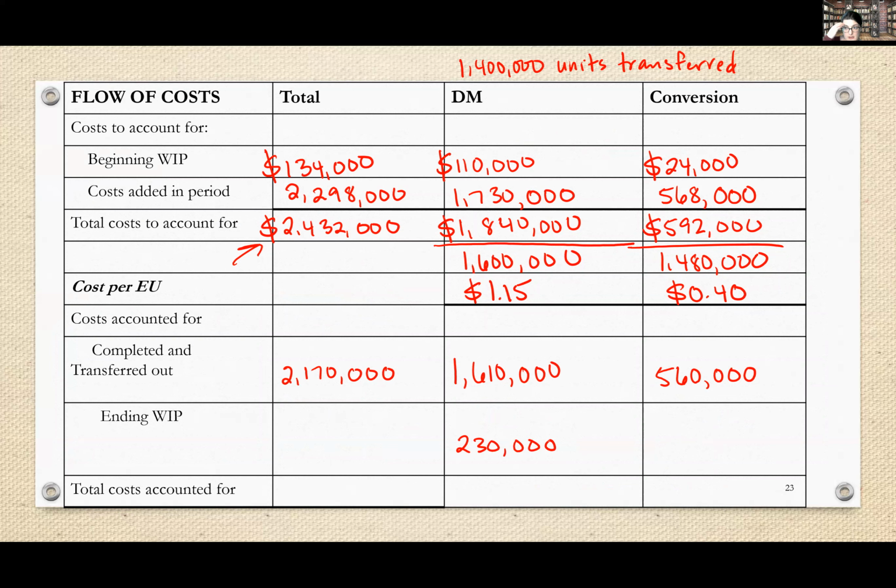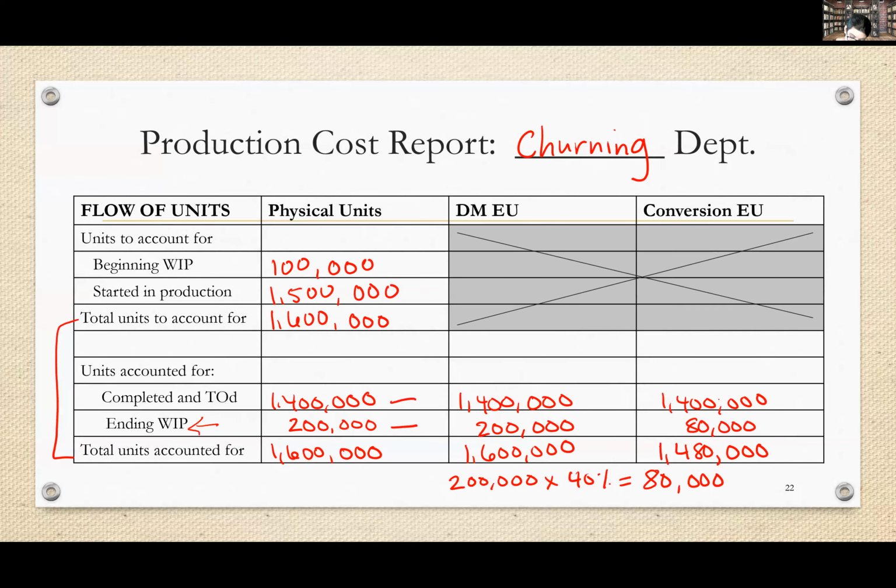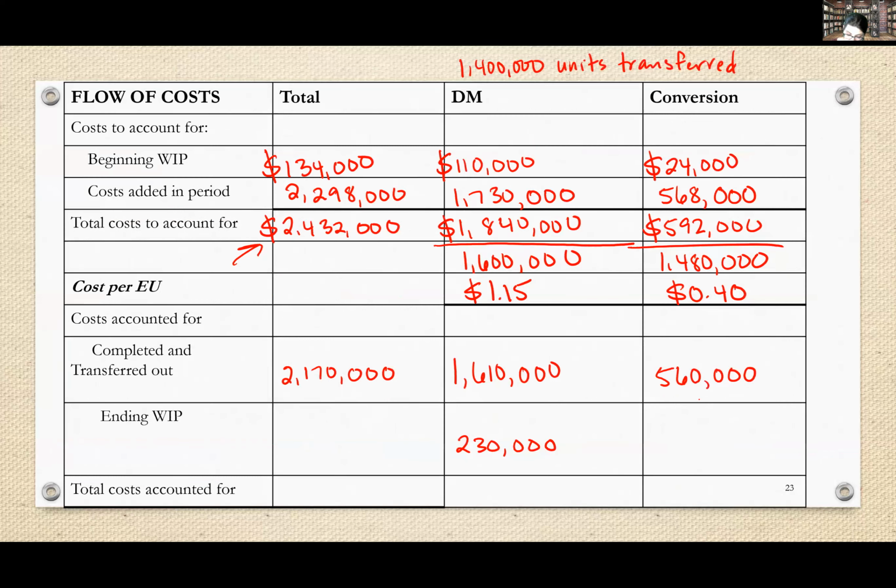Now I'm going to associate how much conversion cost I have with my ending work in process. Well, I'm coming back here, and this is where I had to use my equivalent units. And I only have 80,000 equivalent units. So I'm going to take 80,000 times my 40 cents, and I'm going to have 32,000. Okay. When I add 32,000 plus my 230, I have 262,000.